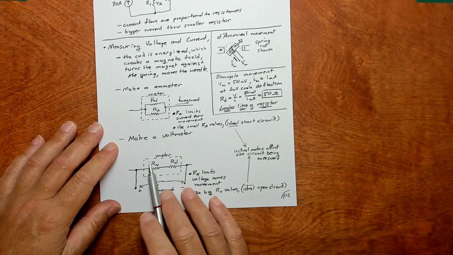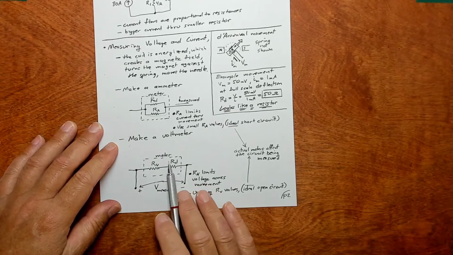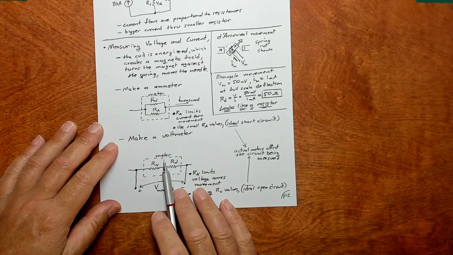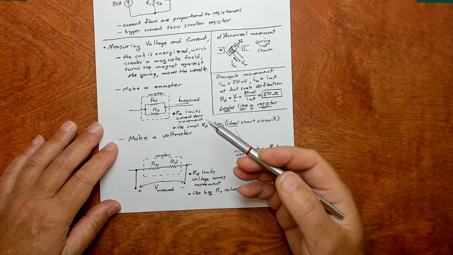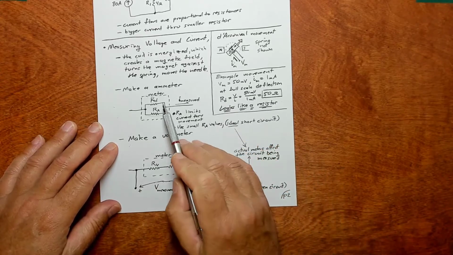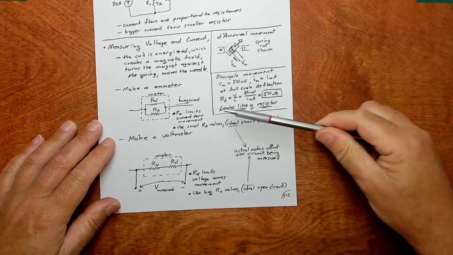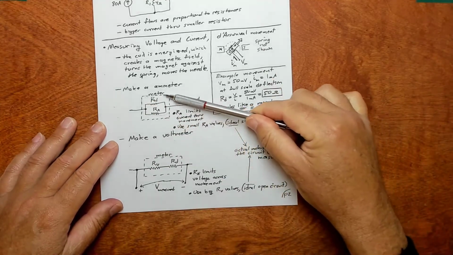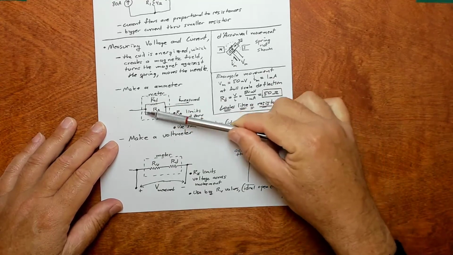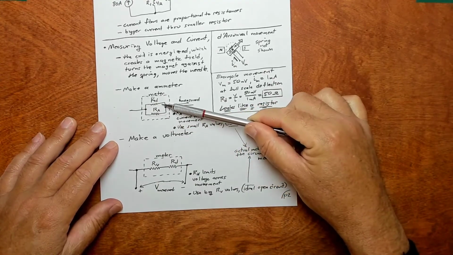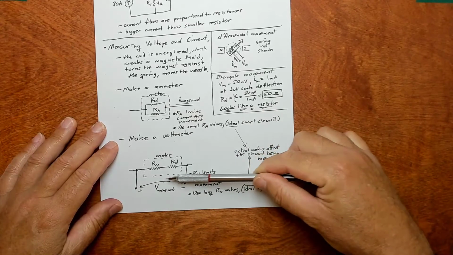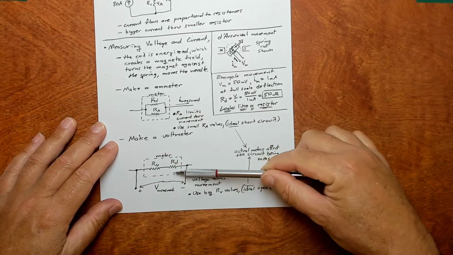So this meter altogether will be approximating an open circuit, which is sort of the analog to an ammeter approximating a short circuit. So in our ideal model, we try to get this to look as much like a short circuit as we can, and we try to get this to look as much like an open circuit as we can.